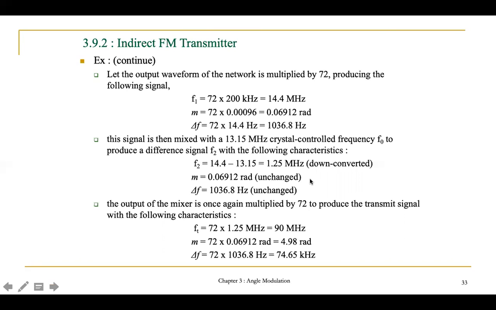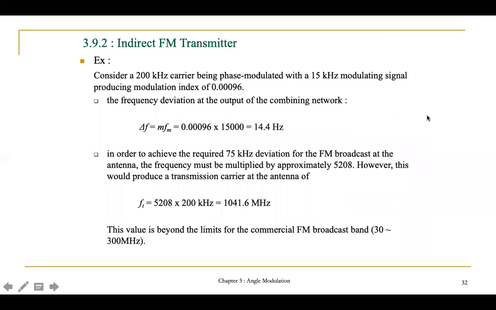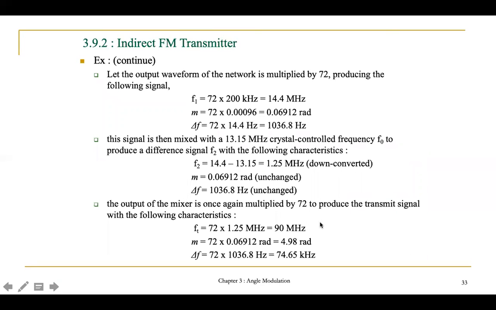And then the output of the mixer is once again multiplied by 72 to produce the transmit signal with the following characteristics. If you look here, after the mixer and down converter, you have another multiplier with n equal to 72. So that's why the f now is equal to 90 megahertz after you multiply it by 72. Your modulation index is 4.98, and your delta f is 74.65 kilohertz.